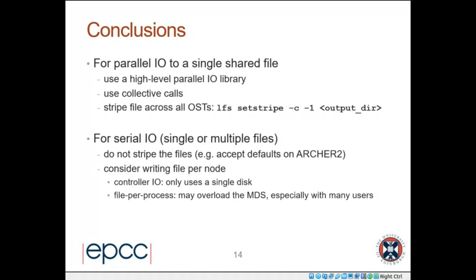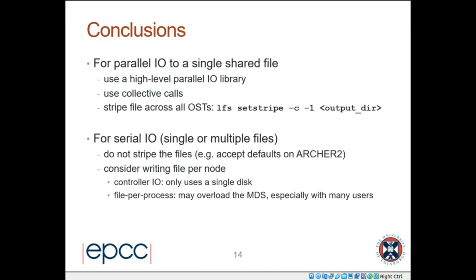It will reduce your number of output files from file per process by over 100. If you use controller I/O, it only uses a single disk. So the two extremes are controller I/O only uses a single disk, file per process may overload the metadata server. So a file per node is often a medium thing.